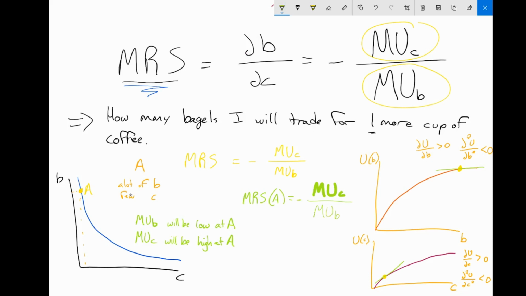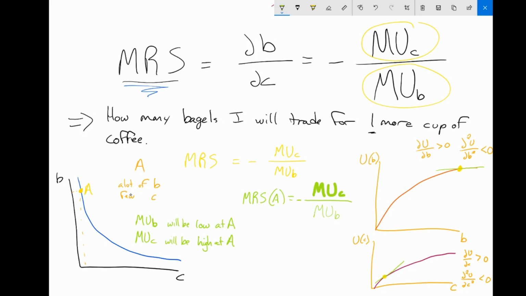Okay. What does that mean? That means that this is going to be a large negative number. That means the magnitude of this number, the absolute value of this marginal rate of substitution, will be very high, and because it's negative, it's a large negative number.